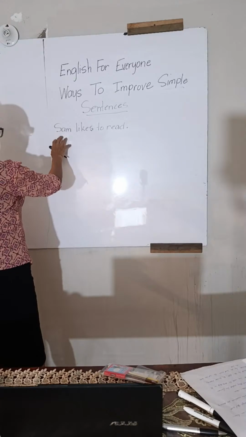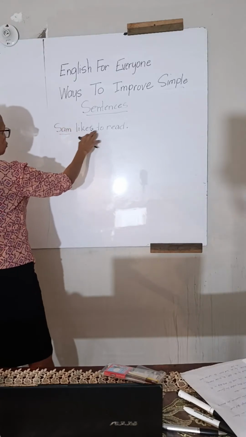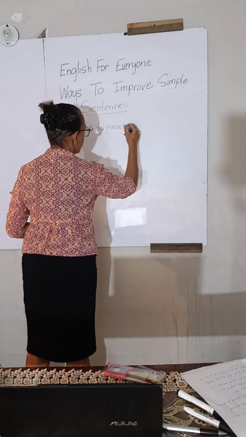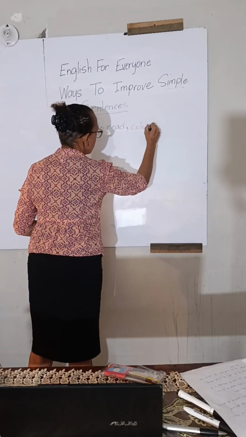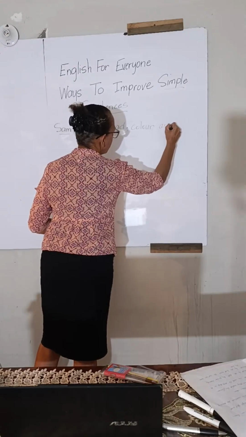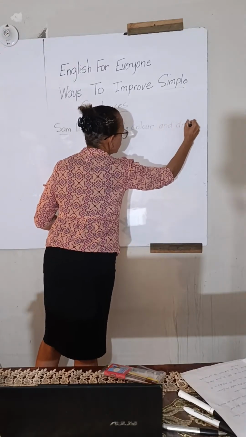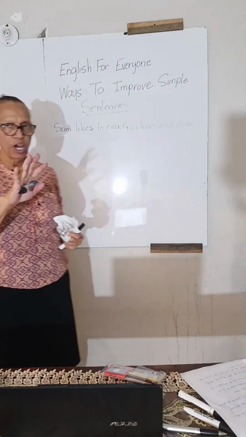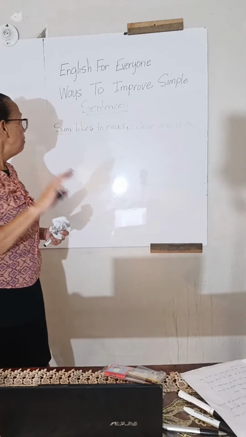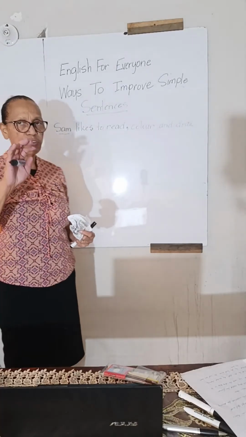That is one subject here. Likes to read, color, and draw. So this sentence has three action verbs. Sam likes to read, color, and draw.